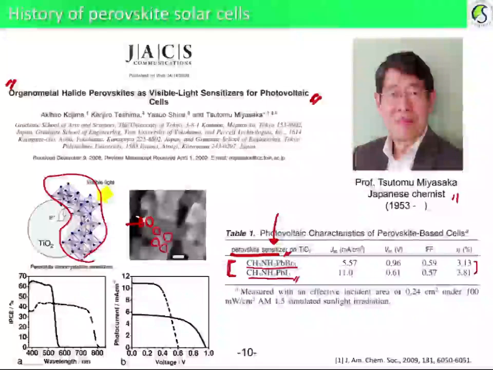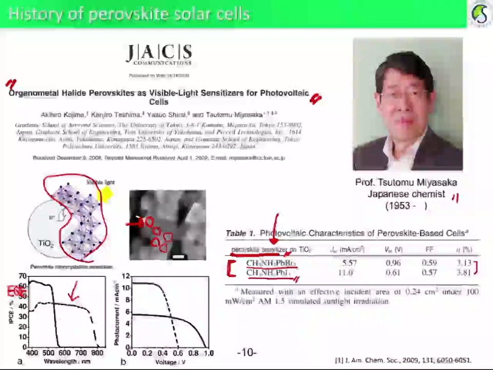But as you can see, this graph shows the EQE of the device. The EQE of the device is much lower than 100%, which means that the light harvesting efficiency or charge collection efficiency is not high enough to achieve higher efficiency.